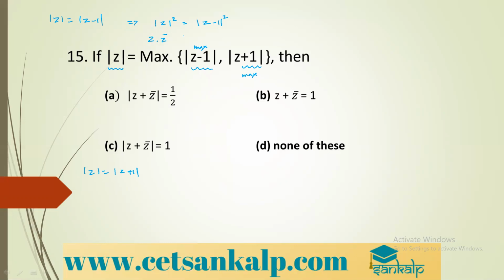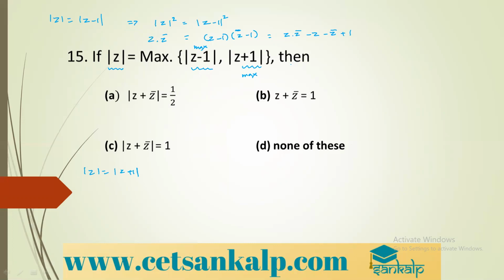Z into Z bar. That is the formula. What is modulus of Z minus 1 square? Z minus 1 into Z minus 1 bar, or I can take just Z bar minus 1, anything. So if I multiply, I will get Z into Z bar minus Z bar plus 1.